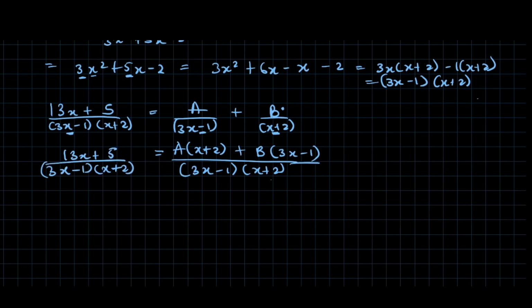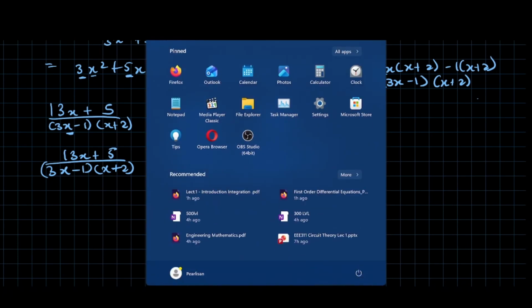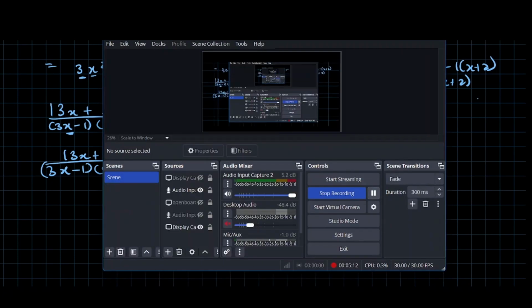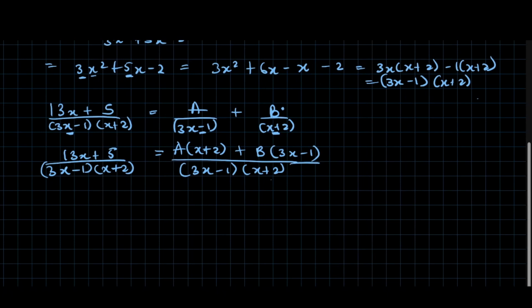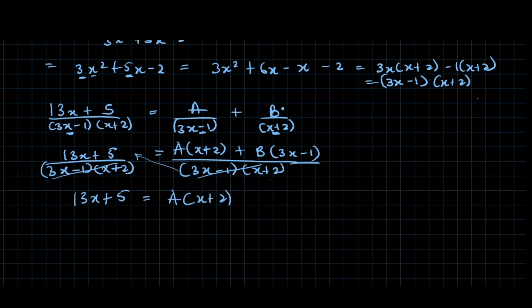Now as you can see, 3x minus 1 can cancel this 3x minus 1 if you take it to this position, leaving you with only 13x plus 5 equals A times x plus 2 plus B times 3x minus 1. We're going to open this.